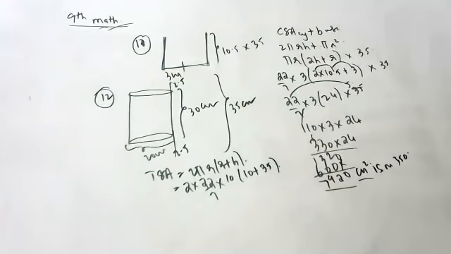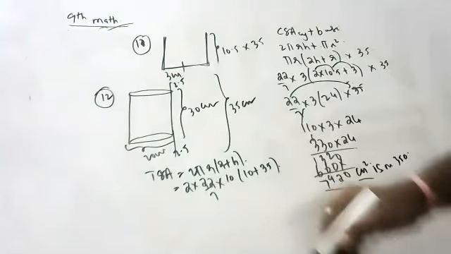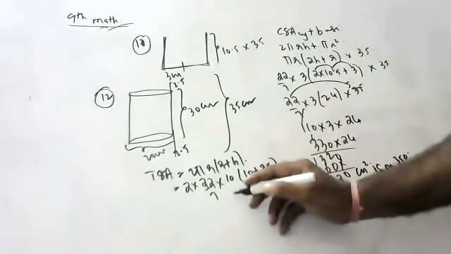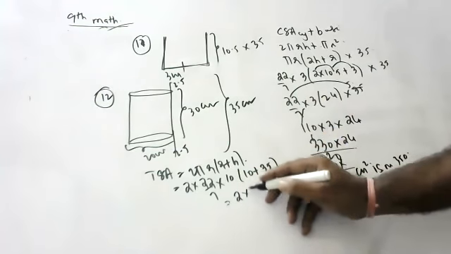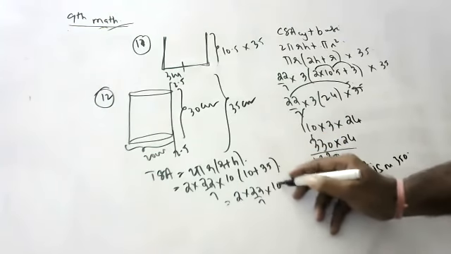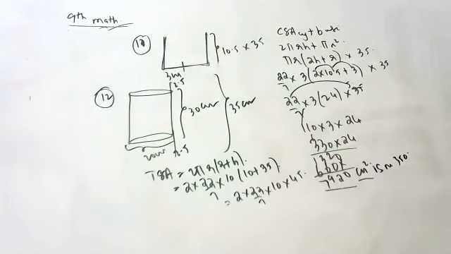Diameter is 20, height is 30. So how much is 2 pi r into r plus h? 2 into 22 by 7 into 10 into 45. Is it correct, children? Margin of this is needed. Question is, I am doing wrong.